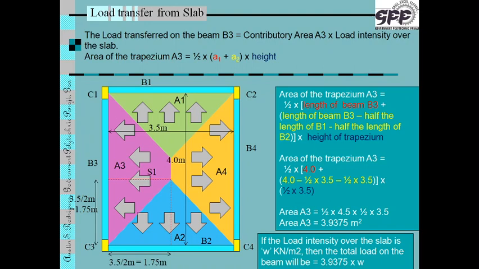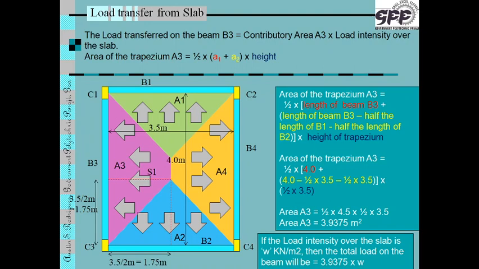If we observe over here, the length in the longer dimension is 4 meters. The distance from the apex of the triangle A1 to its base was half of 3.5 meters. Similarly, the distance from the apex of A2 to its base was half of 3.5 meters.